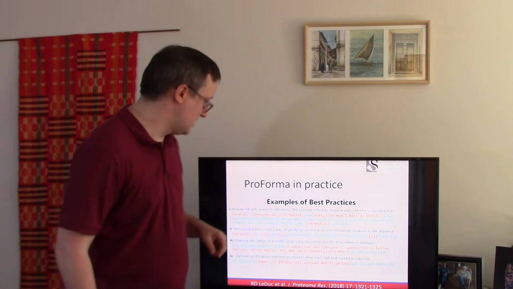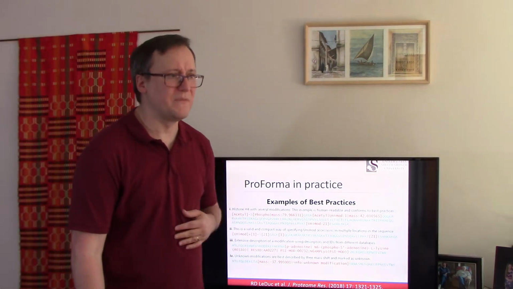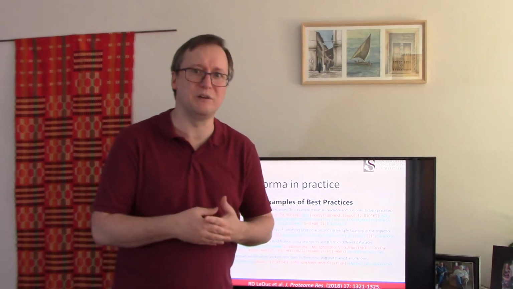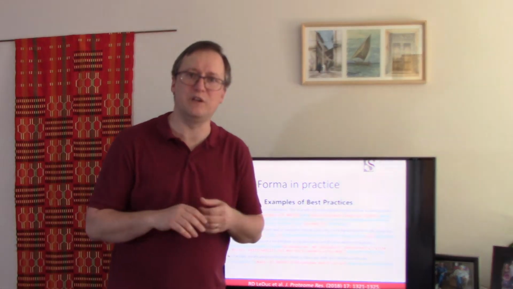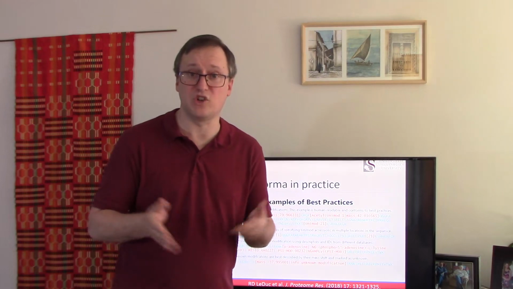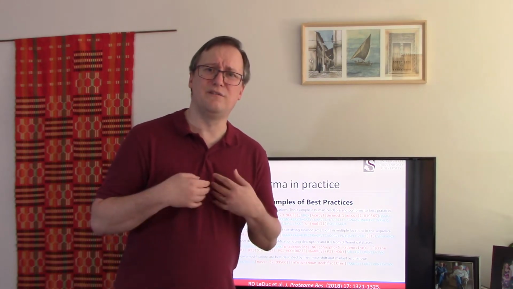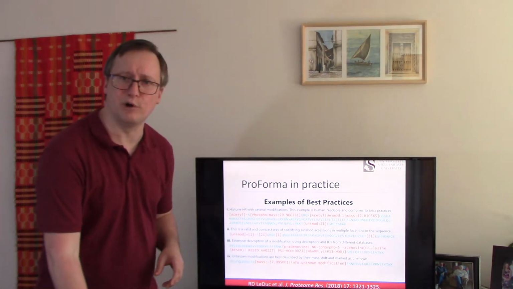In practice, ProForma has a relatively human-readable capability, which I think is very nice. When we think about the community file formats we use for communicating tandem mass spectra or PSMs in shotgun proteomics, we often find that they're not easy to interpret for a human just looking at the file. But that's really been an emphasis in ProForma.